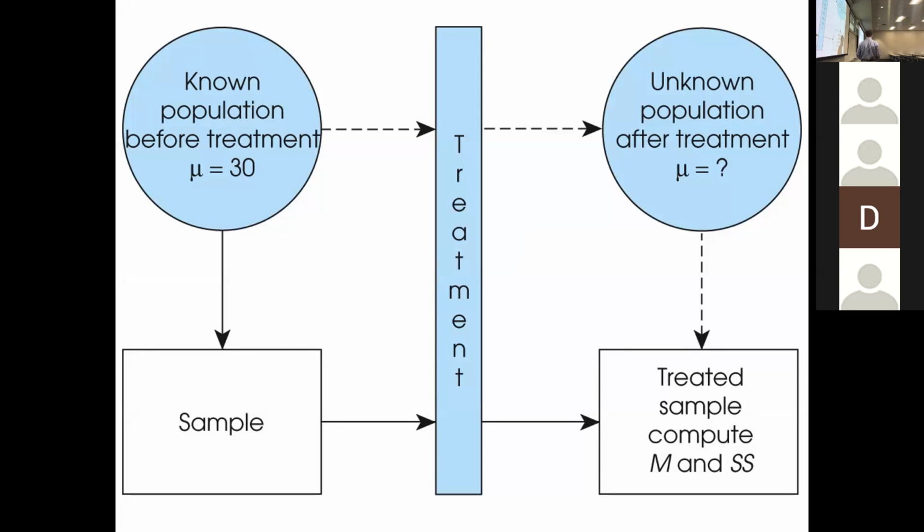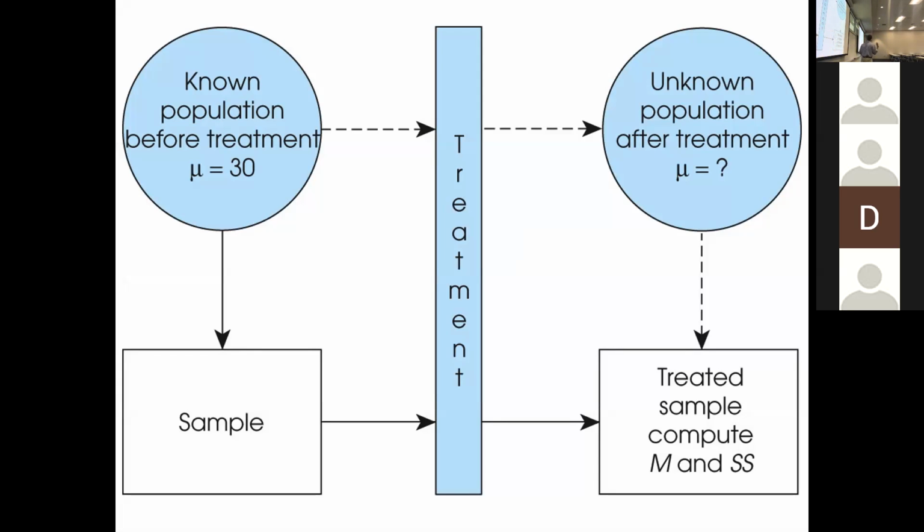So again, we are basing a lot of what we're doing with these estimations off of a sample from an unknown population, right? In this case, it would be after the treatment.